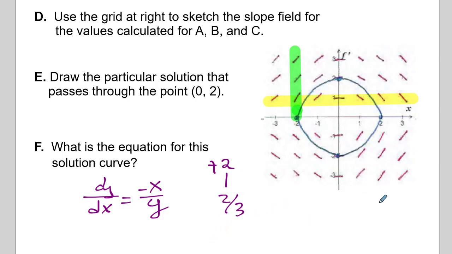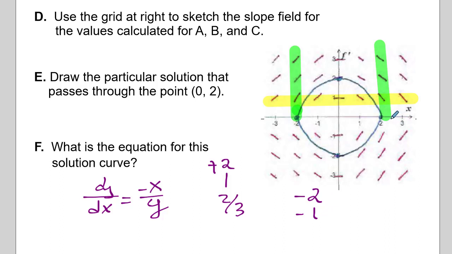If we go to the other side, let's say we're looking at this area. We've got x equals 2, okay? So if we do 2, 1, that's going to give us a slope of negative 2. And if we go to 2, 2, that's going to give us negative 1, which is an increase.